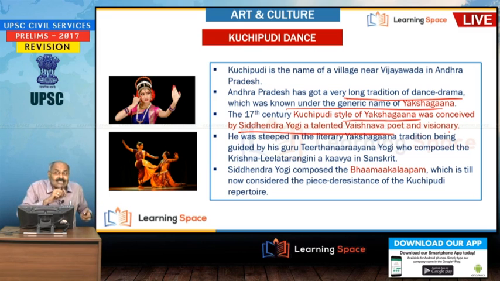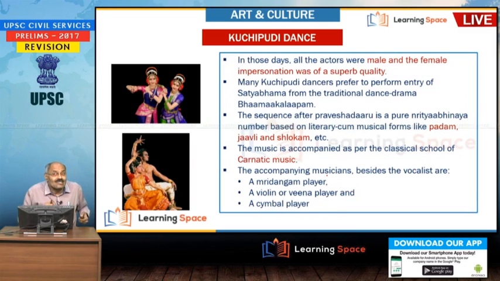Siddhendra Yogi was a talented Vaishnava poet and visionary, steeped in the literary Ekshagana tradition, being guided by his guru. He composed the Bhama Kalapam, which is considered the masterpiece of the Kuchipudi repertoire. So you can say Bhama Kalapam is associated with the Kuchipudi dance.